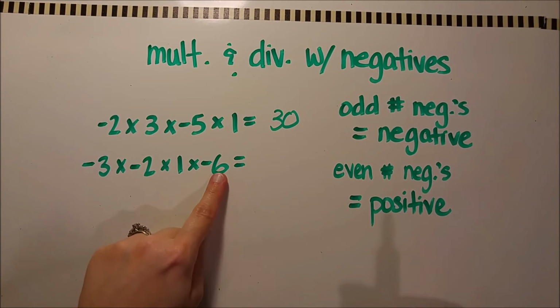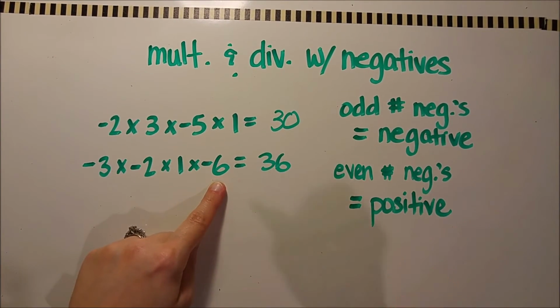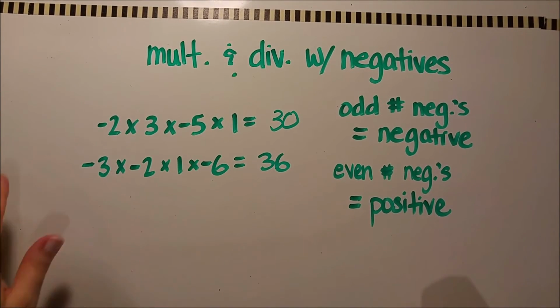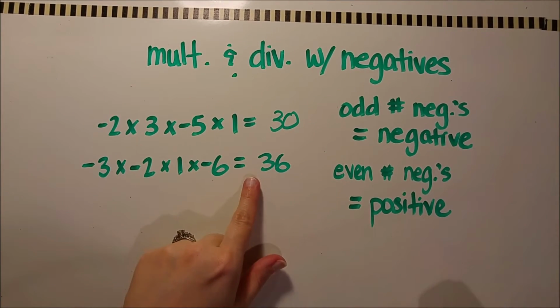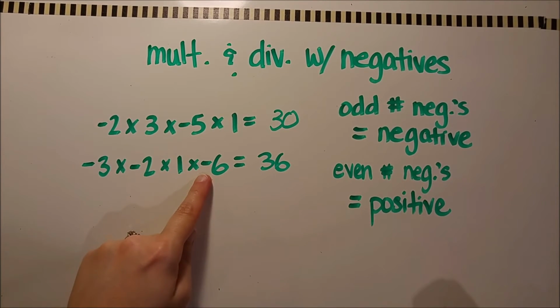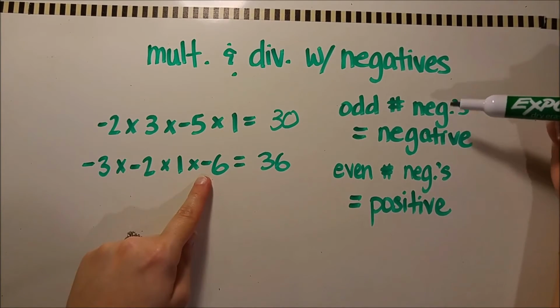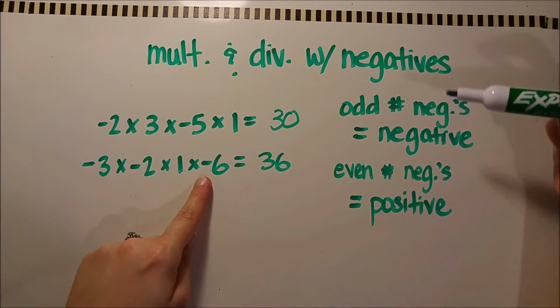And our 6 times 6 is 36. Then we have to go back and see if it's positive or negative. 1, 2, 3 negatives are here. 3 is odd. So an odd number of negatives gives us our negative answer.